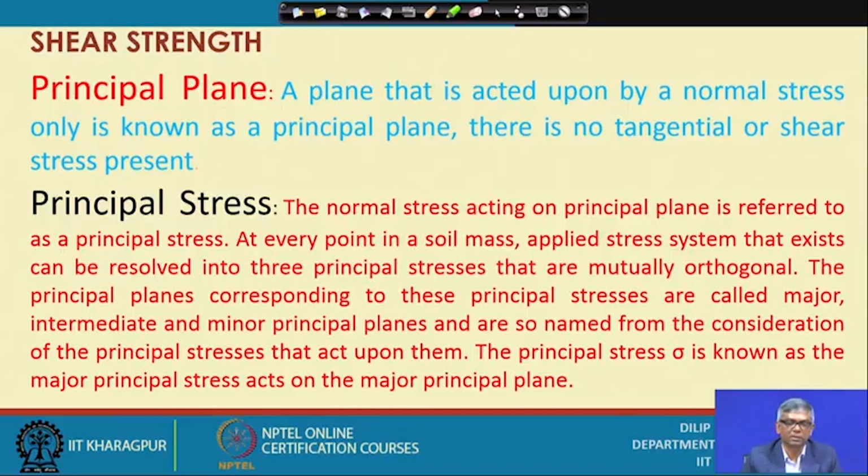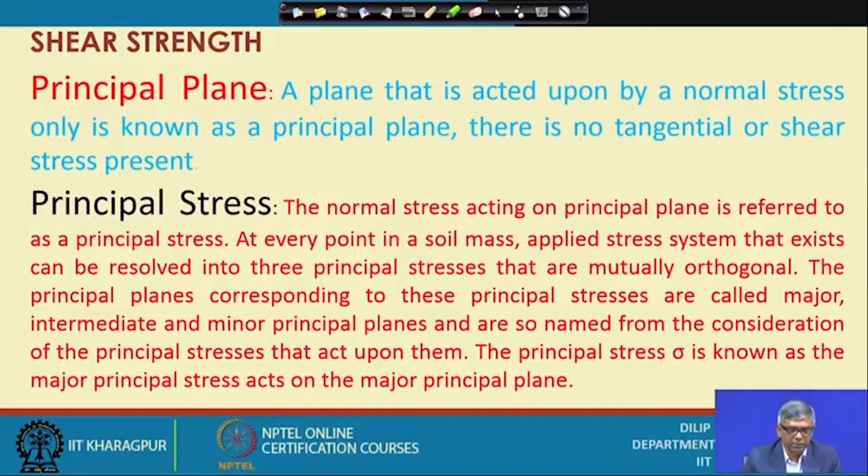At every point in a soil mass, the applied stress system can be resolved into 3 principal stresses that are mutually orthogonal, and the principal planes corresponding to these principal stresses are called major, intermediate and minor planes. That means the plane on which the maximum stress occurs is the major principal plane, the plane on which the minimum occurs is called the minor plane, and the plane on which the intermediate stress occurs is called the intermediate plane.